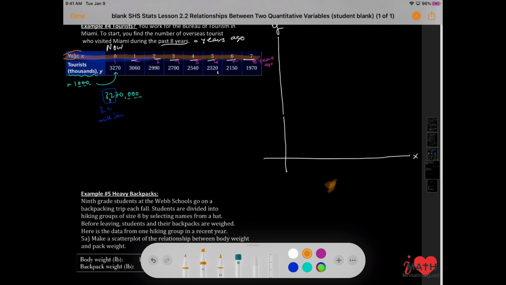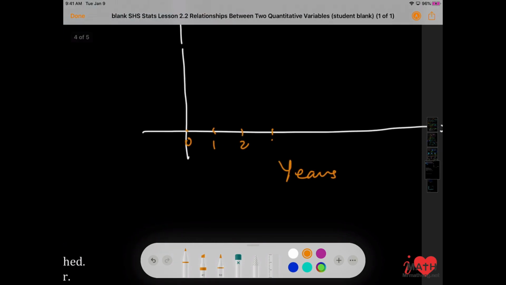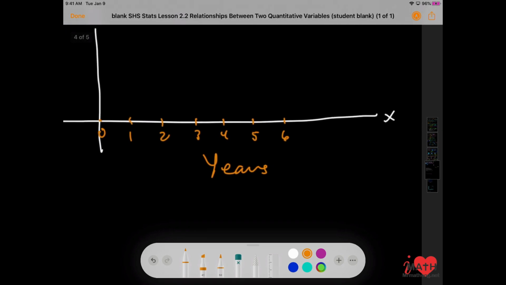So you have years, 0, 1. The distance between my tick marks here, you want them to be equal. If we were in the classroom, I probably would have asked you to use your ruler. Digital, I think we're just kind of giving the rough sketch here.